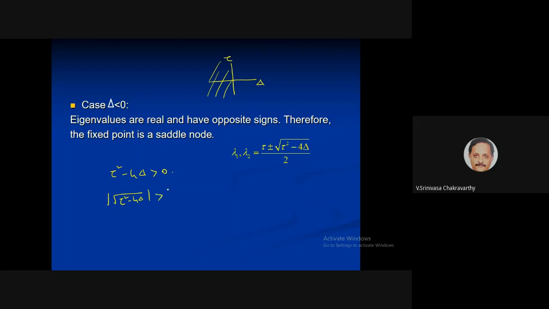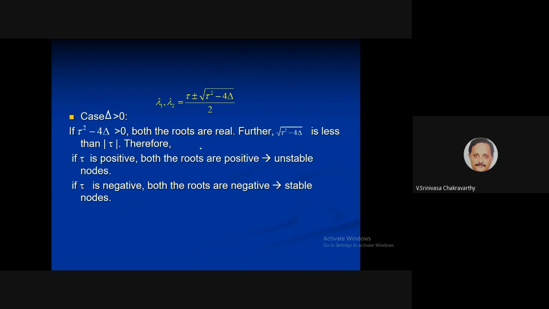So this is greater than mod tau. So the roots will be one negative and one positive, so it's a saddle node.